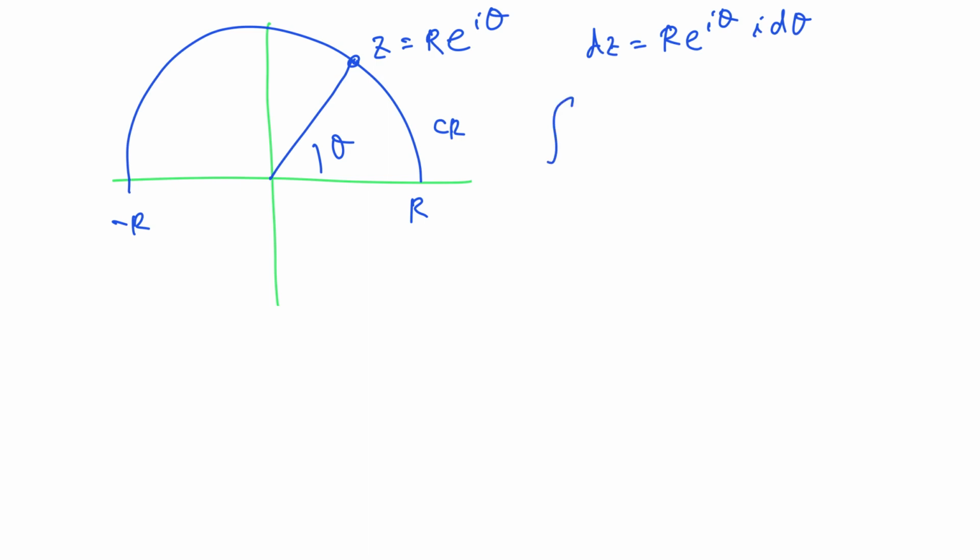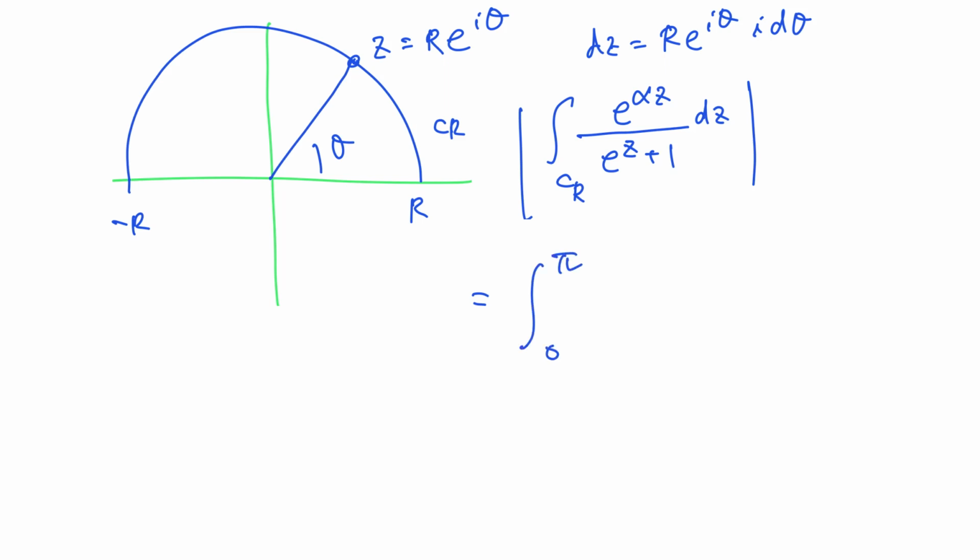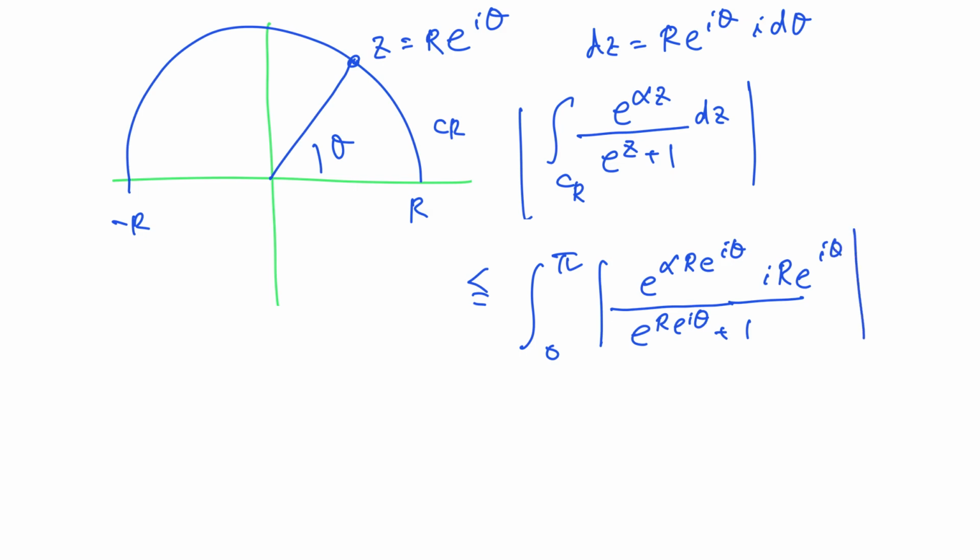So this integral over CR of exponential alpha z over exponential z plus 1 dz, the absolute value of this integral is actually the integral from 0 to 2 pi, less than the integral of the absolute value of exponential alpha r exponential i theta over exponential r exponential i theta plus 1 times r exponential i theta d theta, right?